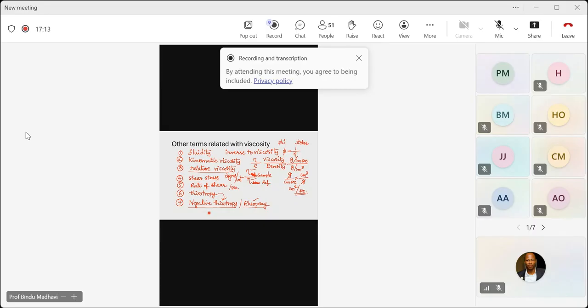You are clear, Prof, but last class when we were discussing thixotropy, you stated that it is the process of regaining the viscosity. And now you are telling that it's the process of decreasing the viscosity. So which is which? Thixotropy is a decrease in viscosity, not a regaining of viscosity.